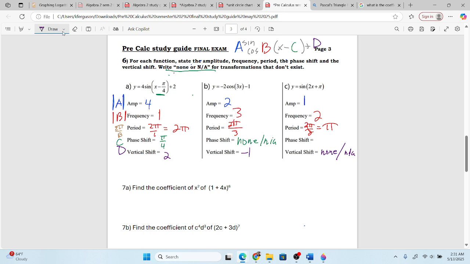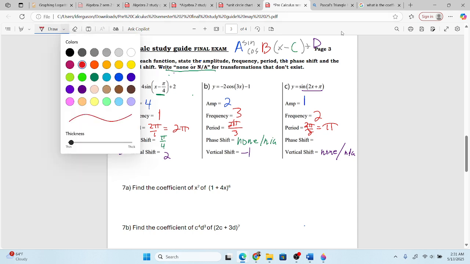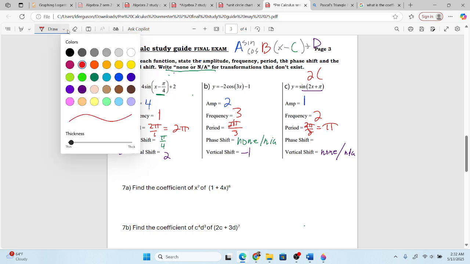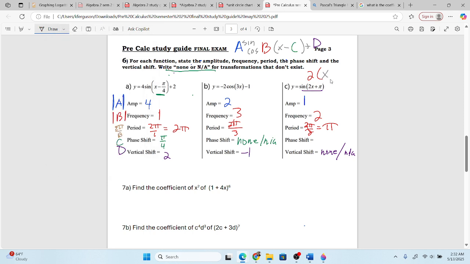The phase shift, here's the problem. Look at what I got. See, my B is on the outside of my parenthesis, but it's on the inside here. Well, let's make this look like that. So I'm going to pull the 2 out. So that means I'm going to factor out a 2. So in essence, I'm dividing by 2. Well, if I divide by 2, what's left? Well, right here, 2x divided by 2 is just going to be x. And now I got plus pi. Well, wait a minute.